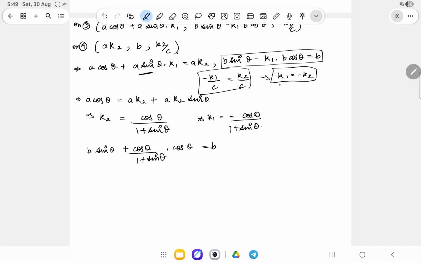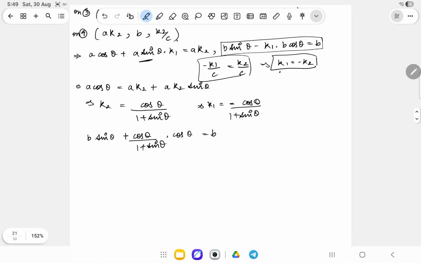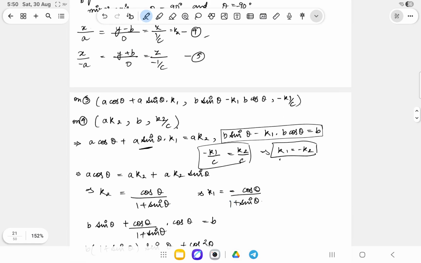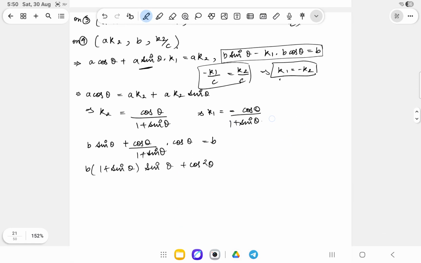If I solve this, I'll get b (1 plus sin theta) into sin theta plus cos square theta is equal to b, which gives me b plus b sin theta plus b sin square theta plus b cos square theta is equal to b.